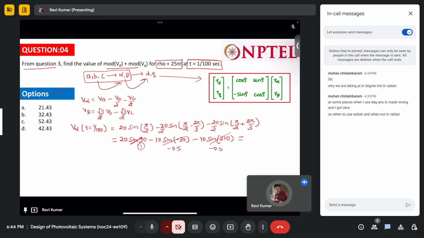So minus minus will be positive. So it is 5, 5, 20, it is 30.